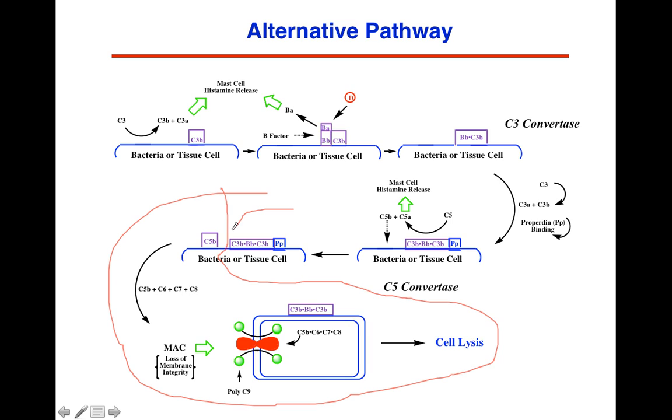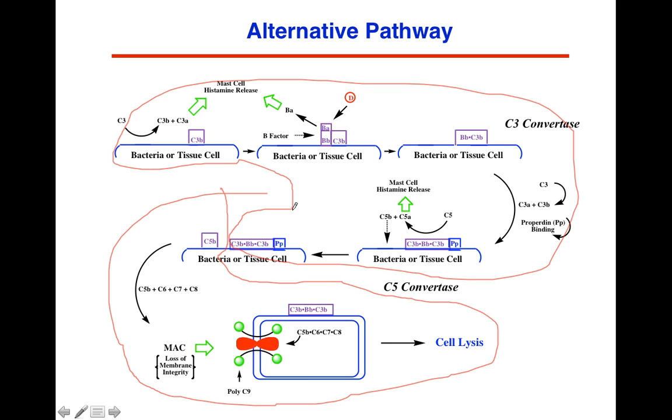The things that are different are how you get to the C3 convertase, right? These things that are different. And the alternate pathway is truly part of the innate immune response because there are no antibodies involved here. There's no adaptive immune response. And so this is an intersection between the adaptive immune response and the innate immune response.